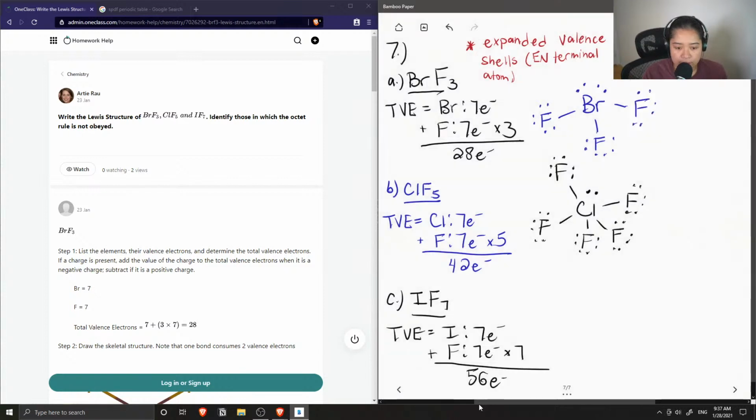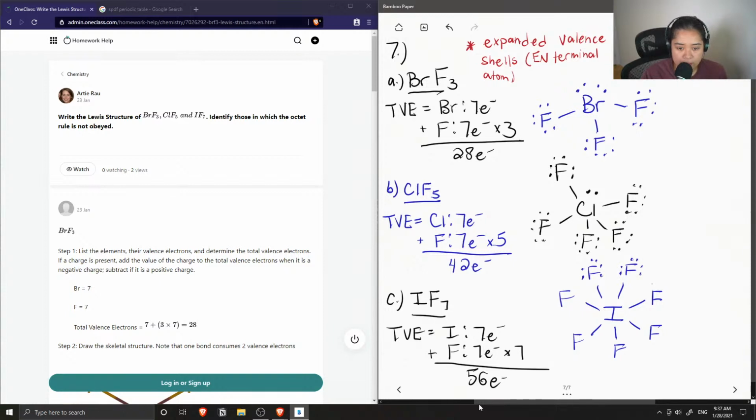So again, we're going to show iodine as our central atom. And then just draw out 7 single bonds to fluorine. So already we can see that the iodine also does not follow the octet rule.